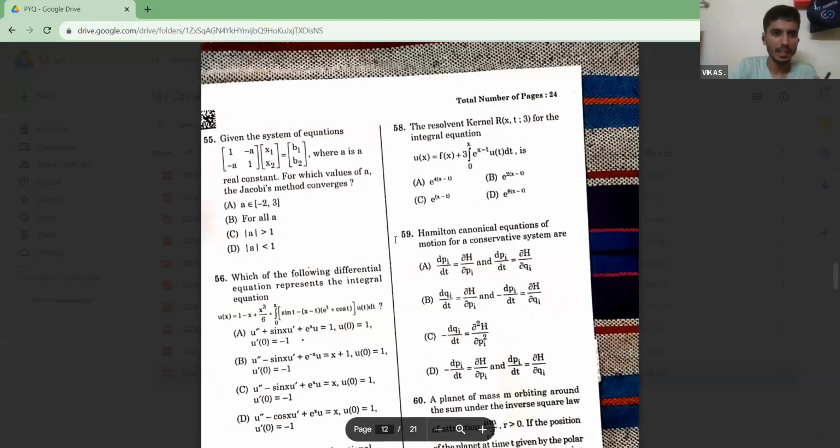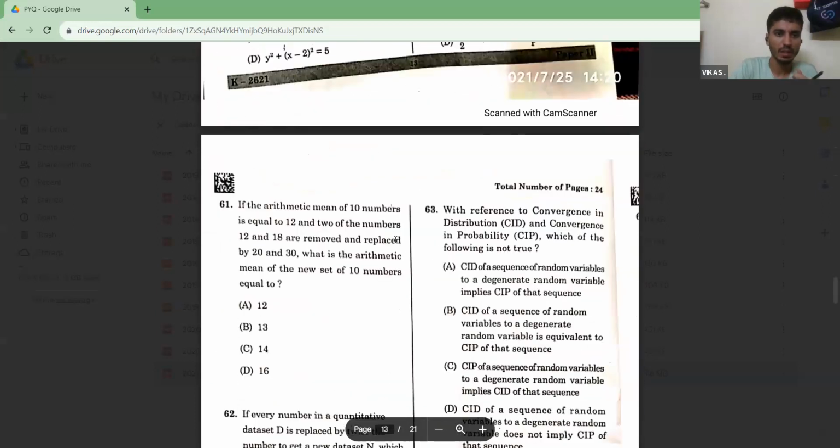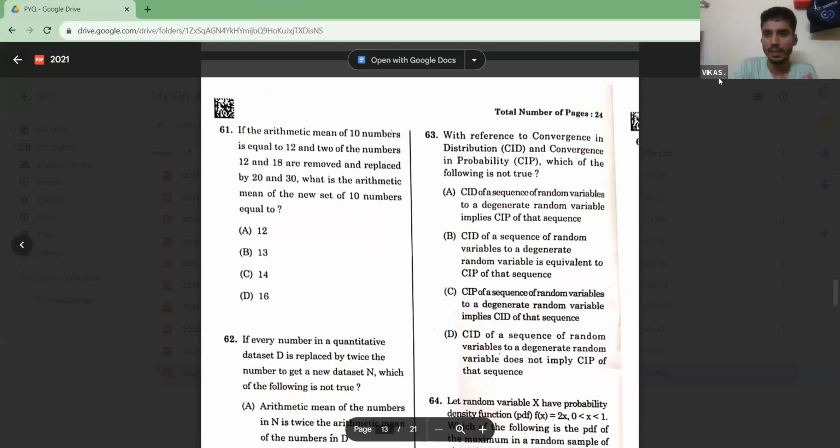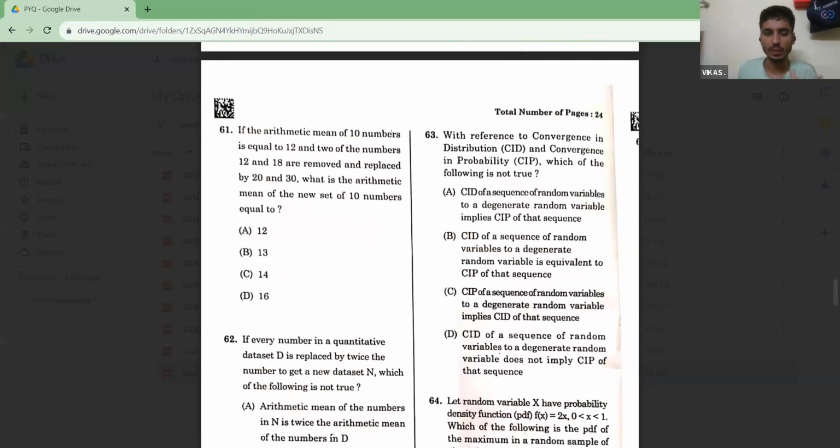So, did anybody try the previous year questions of statistics? Some of the questions are very basic and very easy. You can solve those questions with a layman approach. I mean, even if you don't understand the advanced notions or definitions of statistics, you can still solve them.